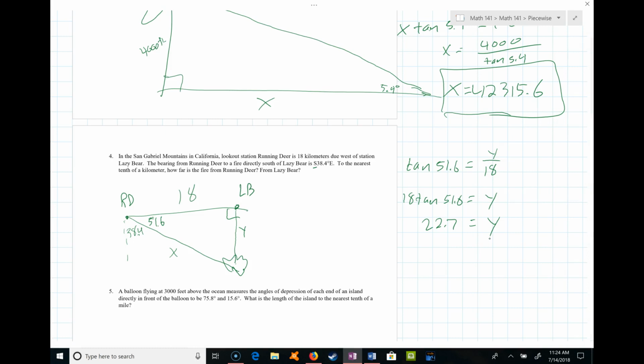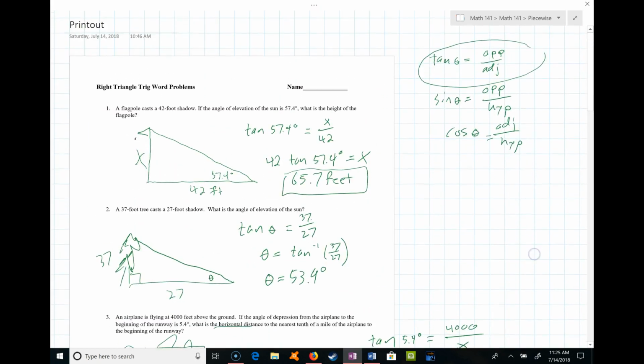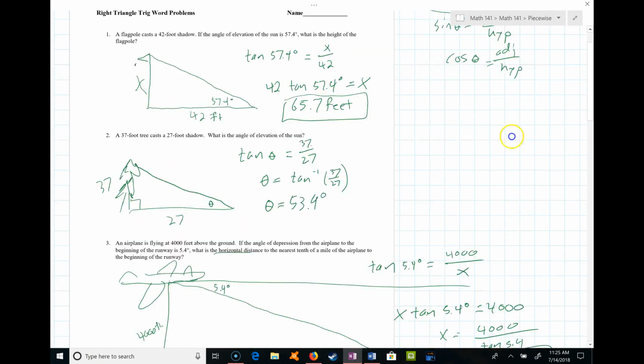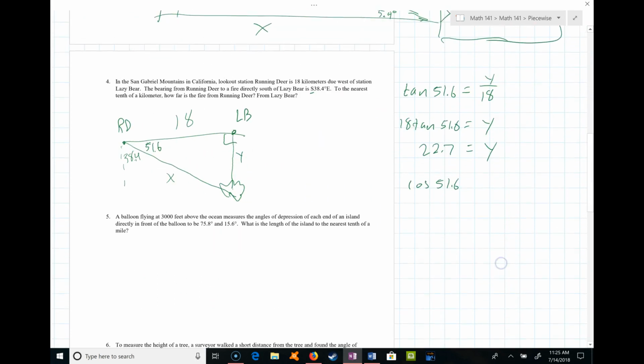And then for Running Deer, we would say we know the adjacent and we want the hypotenuse. So that'd be cosine. Cosine of 51.6. If we go back up here, right? Remember, cosine is adjacent over hypotenuse. Okay. So adjacent would be 18, hypotenuse would be x. So once again, we'd essentially switch the x and the cosine because you multiply by x and then divide by cosine.